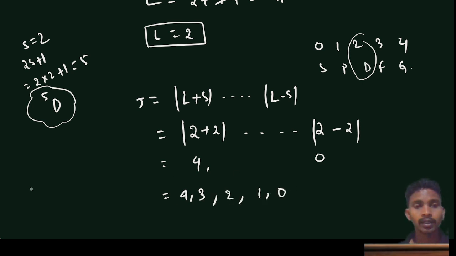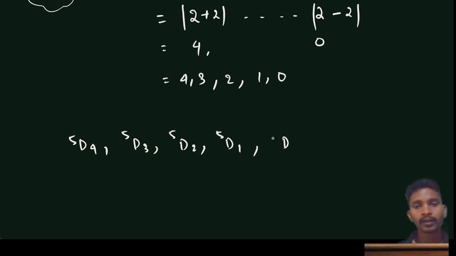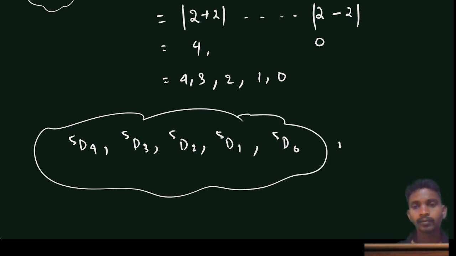It means 5D4, 5D3, 5D2, 5D1 and 5D0. So these are all the term symbols.